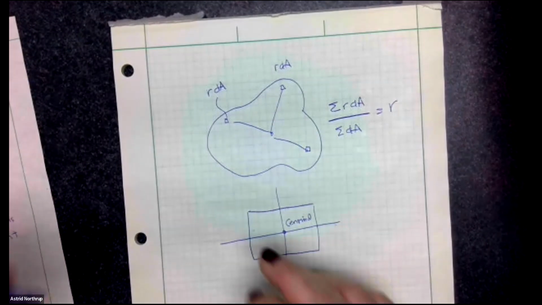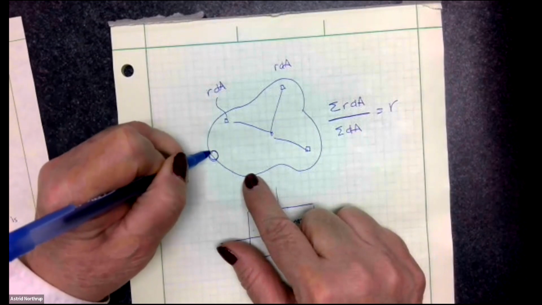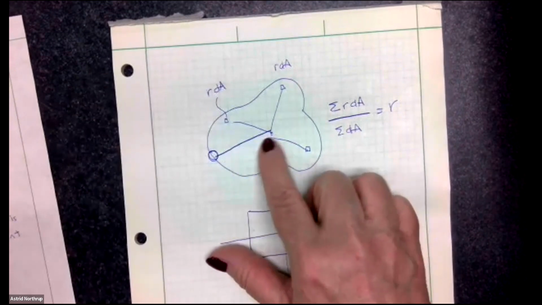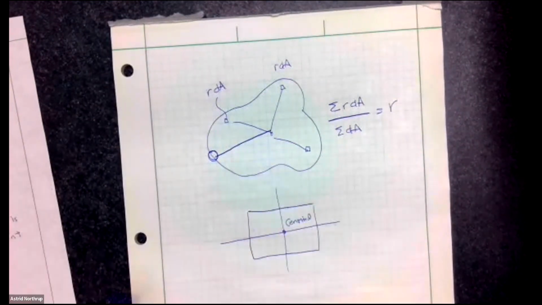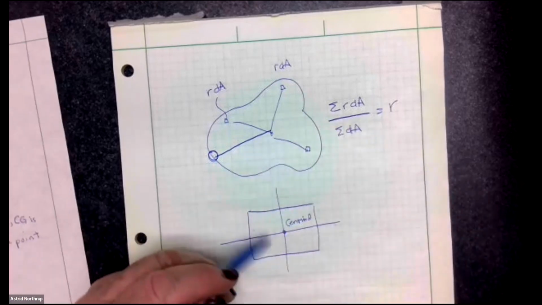So in other words, what that means for us is, if you have something larger out here, it's going to count more toward moving the center of mass toward it, just like the heavier child did, than the stuff that's closer to the middle.